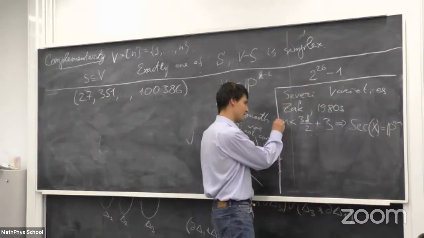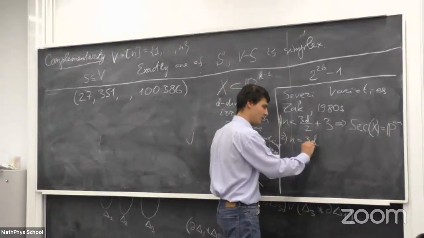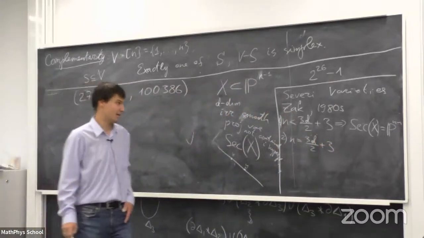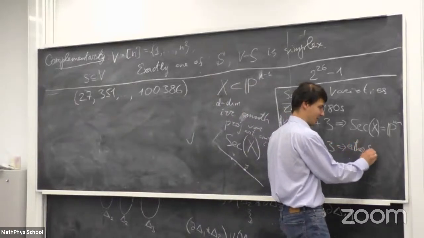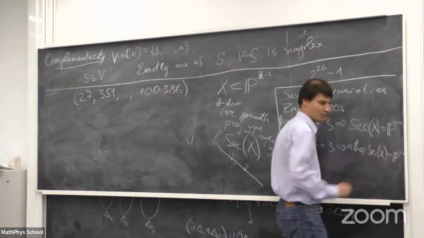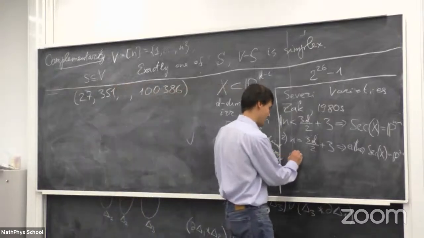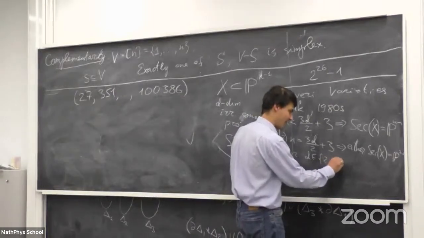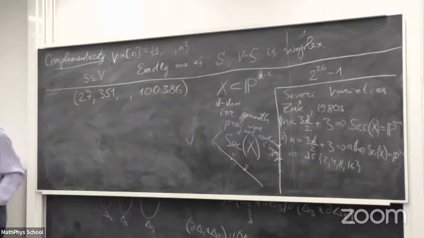This is the first part. Second, assume that n equals 3d over 2 plus 3. Then either the secant variety equals the whole projective space, or d is one of the numbers 2, 4, 8, and 16. And here we have exactly 4 examples.